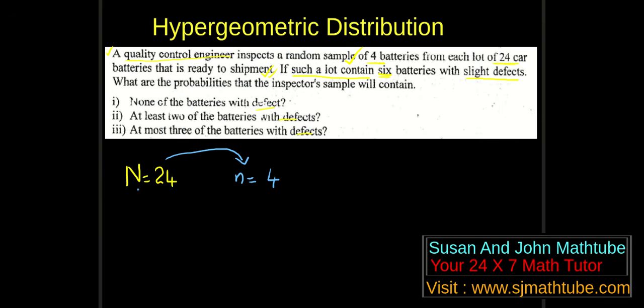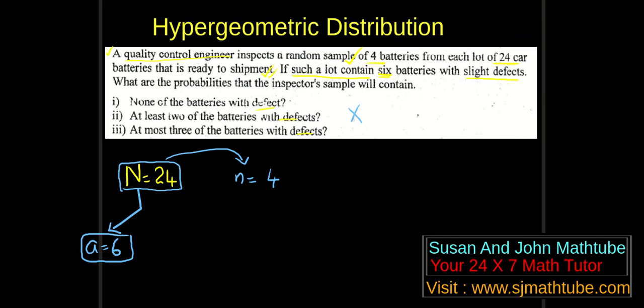And he knows very well that in a lot of 24 batteries, 6 will be having some sort of slight defects. So look at this, perfectly hypergeometric. We know that there are 24 batteries and 6 of them are special. And here that special of course means the number of batteries which will have slight defects.